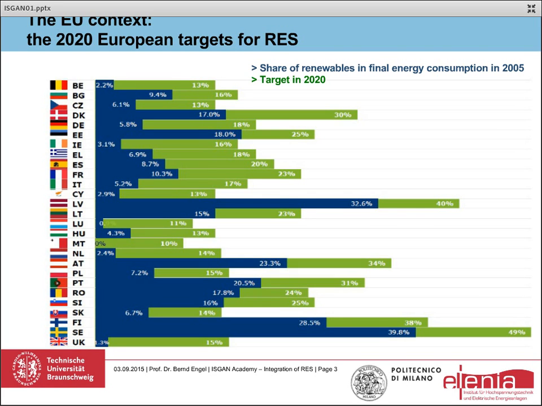So it's more and more important in the European Union, but also in other countries: China, the US, Korea, the renewable energy sources.